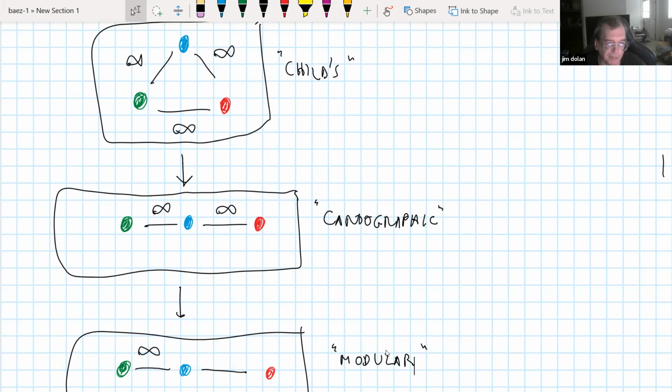Although, yeah, it's giving the sheets over the upper half plane. Over one triangle, not two, because it was connected to the child's rotation group. That's right. That's right.